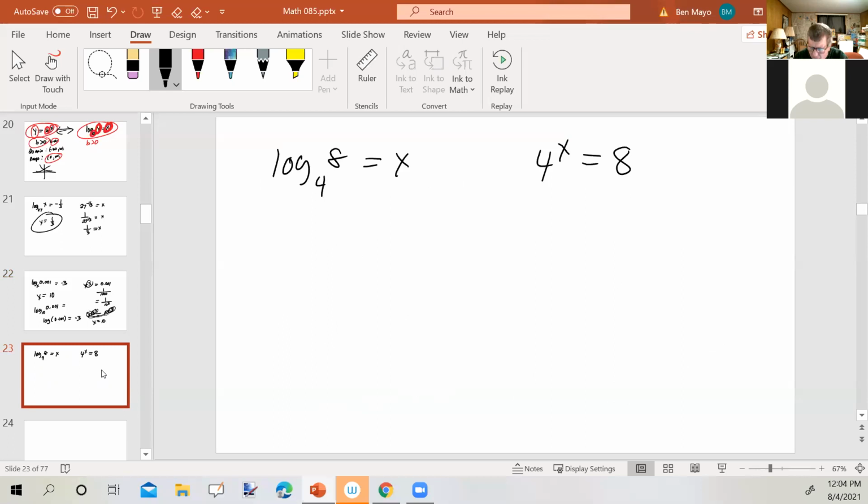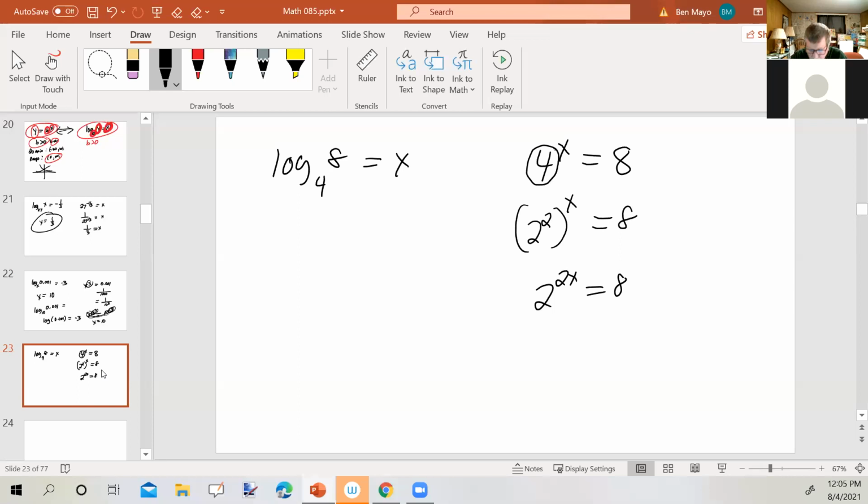But be careful now, watch this. Can you see that 4 is a power of 2, it's 2 squared, and 8 is a power of 2, it's 2 cubed? So what I'm going to do is take the 4 and write it as 2 squared. So instead of 4 to the x, it's 2 squared to the x. But recall, a power raised to a power, you multiply the exponents together.